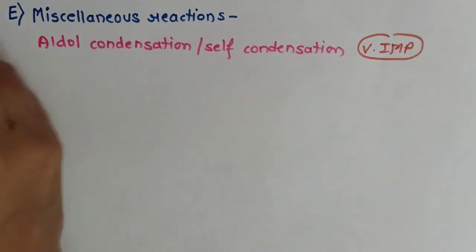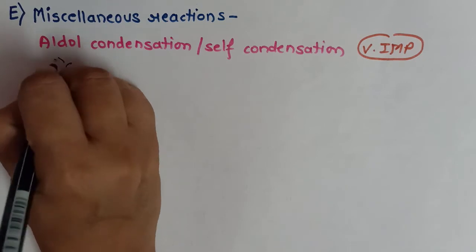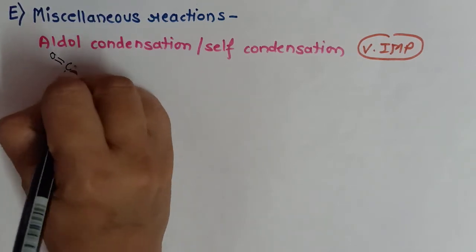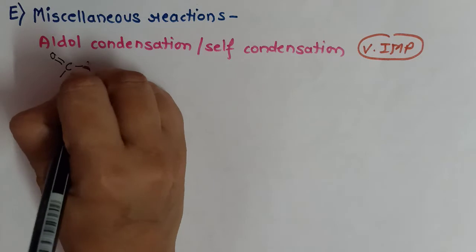So aldol condensation is shown by a carbonyl compound, which can be either aldehyde or ketone.